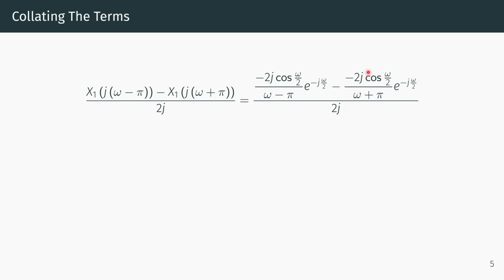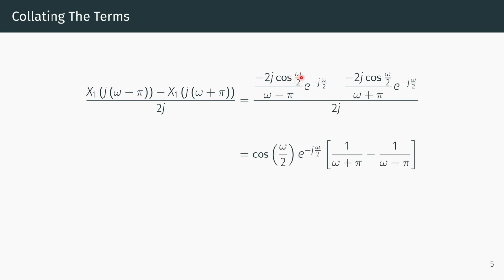Now you can easily see that 2j is common in numerator and denominator. That will get cancelled, and in the numerator if you look at the first two terms, what is common? Cos omega by 2 e power minus j omega by 2 is common, and this minus times minus will become plus.